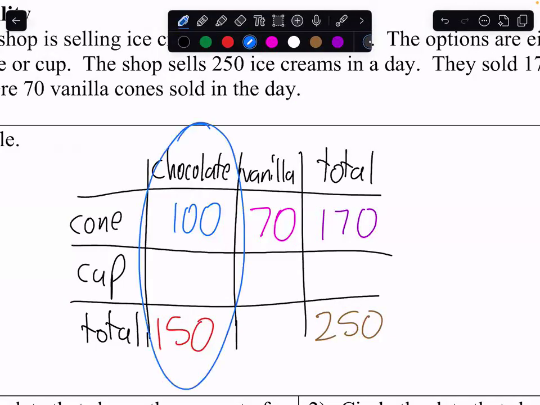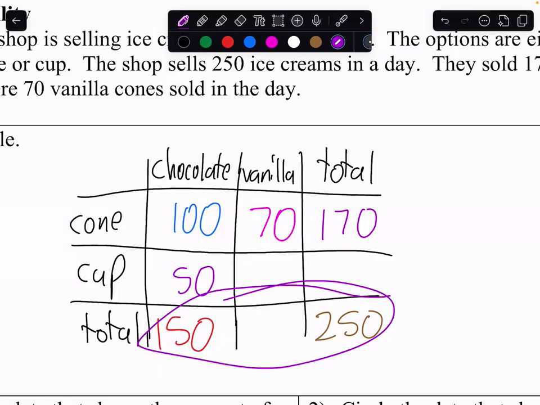Out of the chocolate ice creams, 150 total, 100 were in cones, so the rest were in cups. 150 minus 100 would be 50. I'll go over here next. 250 total ice creams, 150 were chocolate, so that means that the other 100 were vanilla.